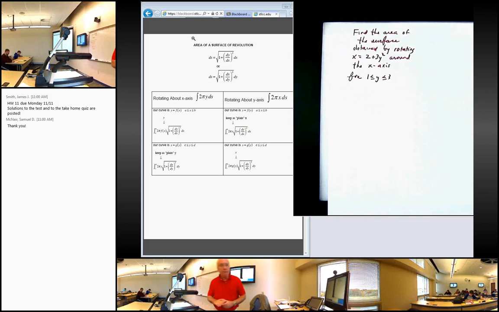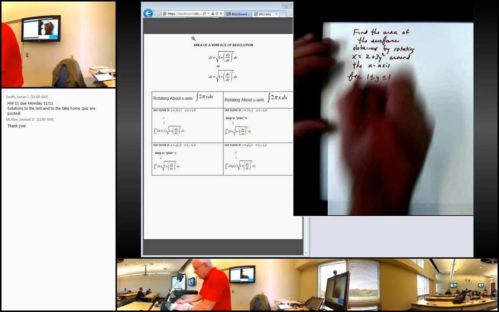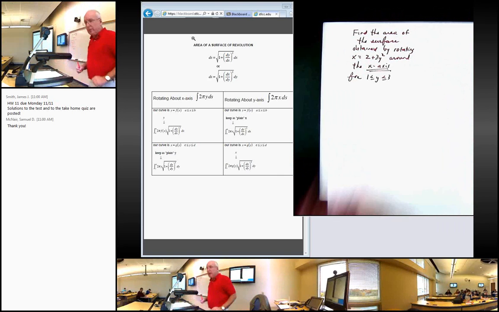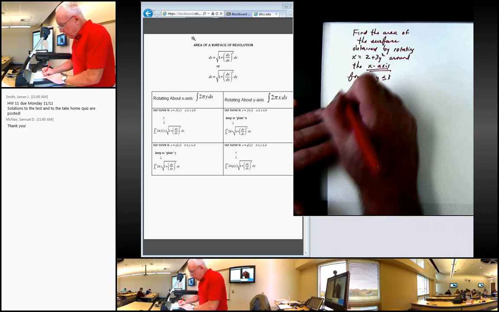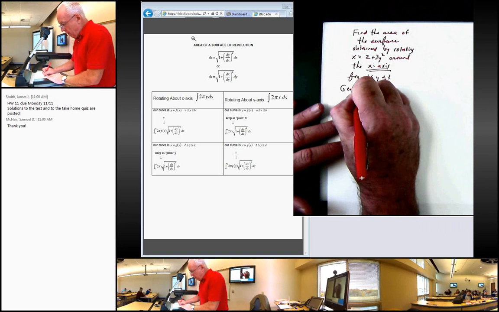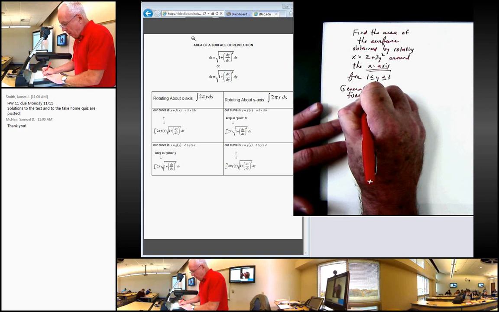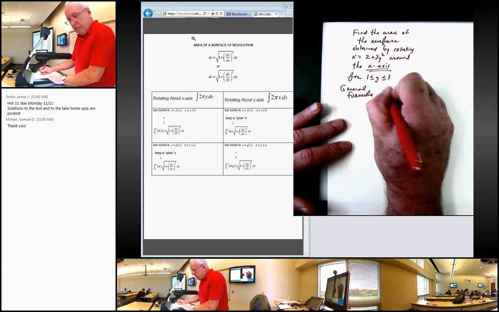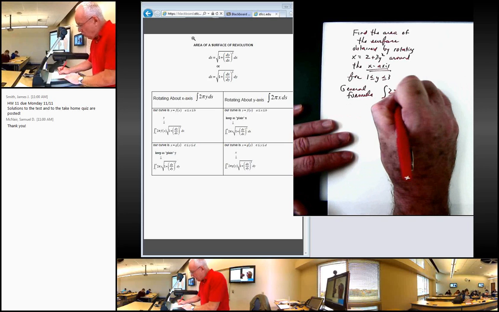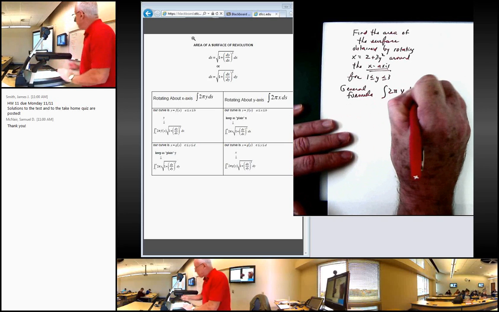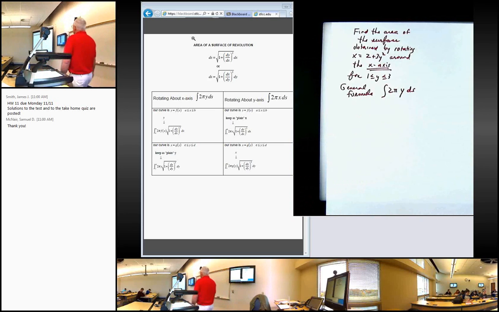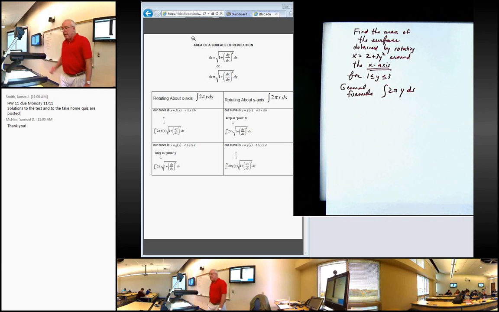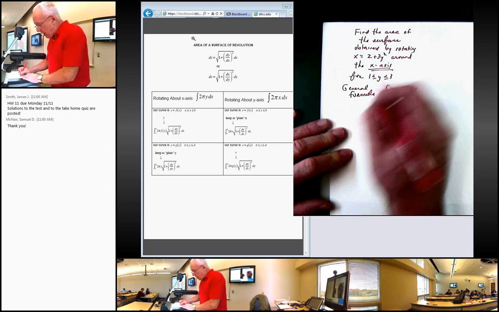All right. So the first thing we want to look at is this. We're rotating this around the x-axis, so our general formula is the integral of 2 pi y ds. All right. Now, we're given x in terms of y.